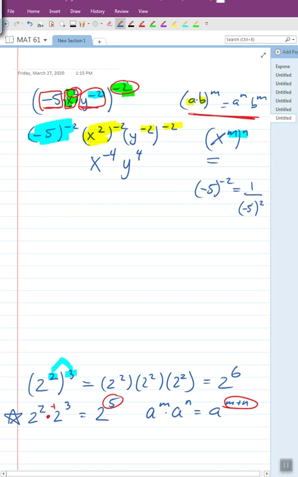So what is negative 5 parentheses to the negative 2? It's 1 over negative 5 parentheses to the positive 2. So right there's the sign switch in the exponents. Notice I have not changed the negative 5 at all. It's still there. The only thing I did is flip it to the bottom and change the sign on the exponent, which means you get what? 1 over 25.